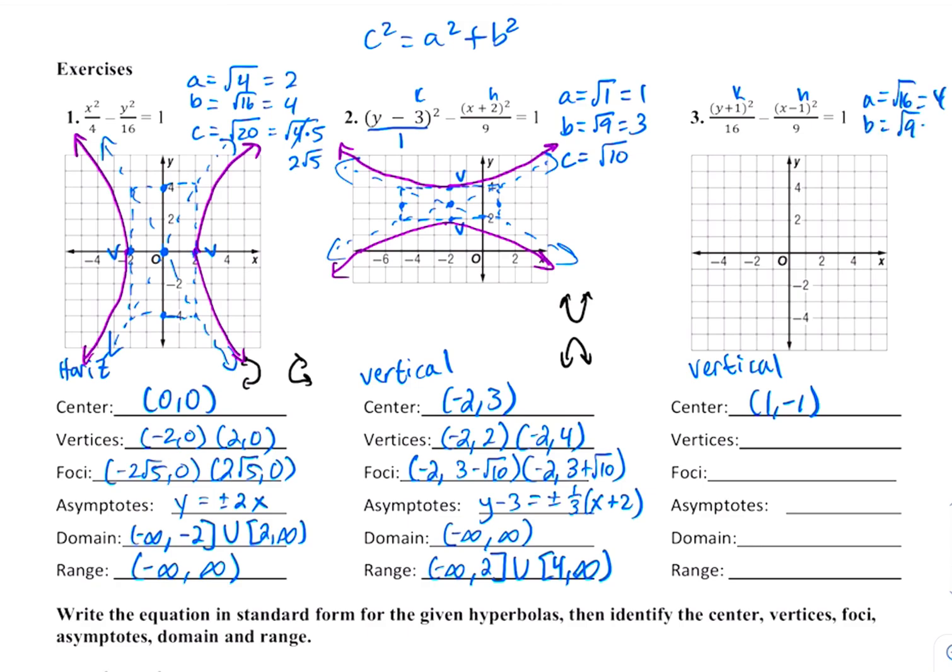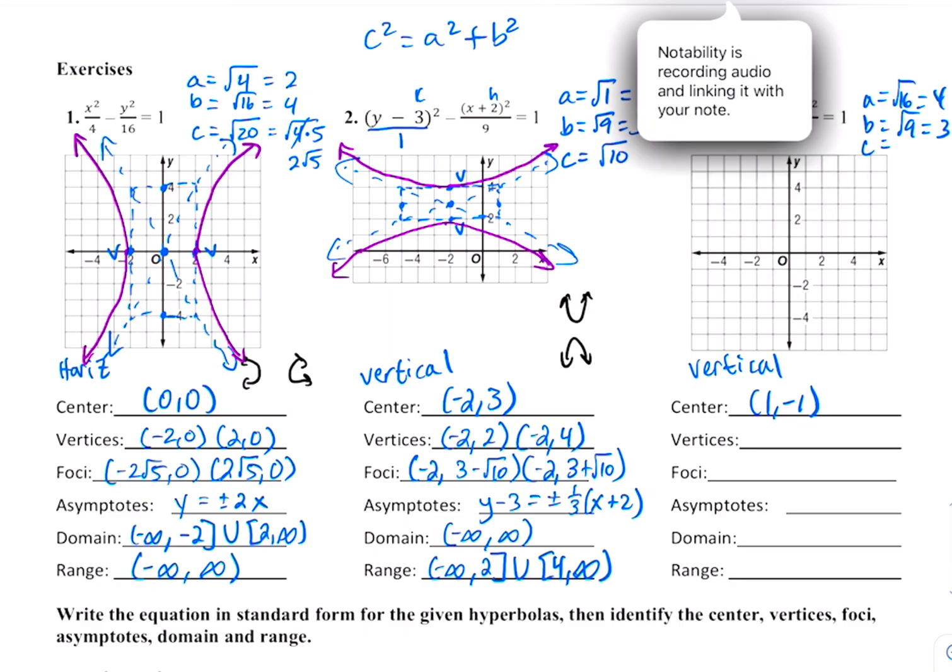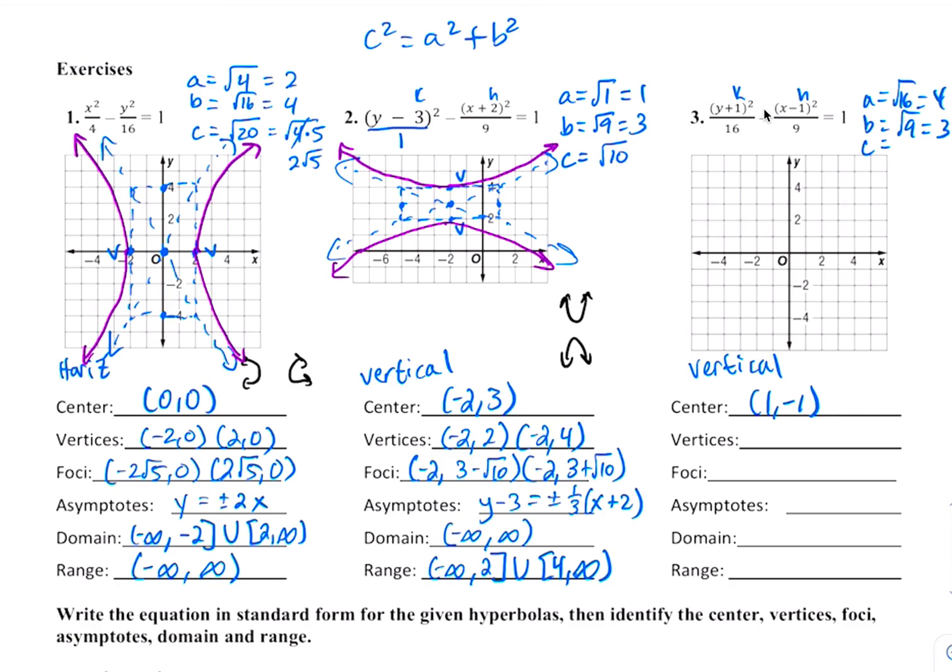B is the square root of 9, which is 3. And then if I add those, so 16 plus 9 is 25. And then the square root of 25 is 5.